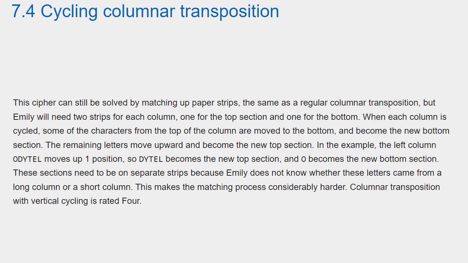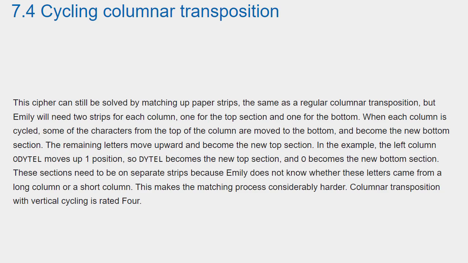When each column is cycled, some of the characters from the top of the column are moved to the bottom and become the new bottom section. The remaining letters move upward and become the new top section. In the example, the left column ODYTEL moves up one position, so DYTEL becomes the new top section, and O becomes the new bottom section.